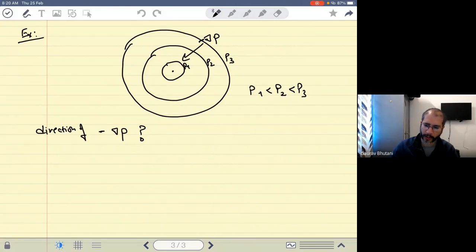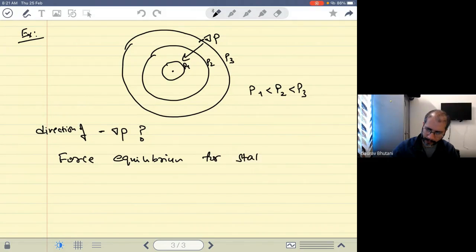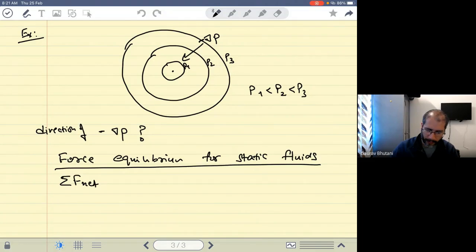So let us do a net force equilibrium balance, or force equilibrium analysis. So the net force has to be 0 because the fluid is static, the 0 vector.